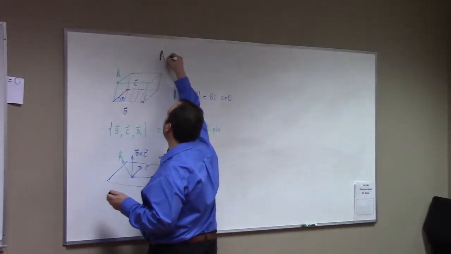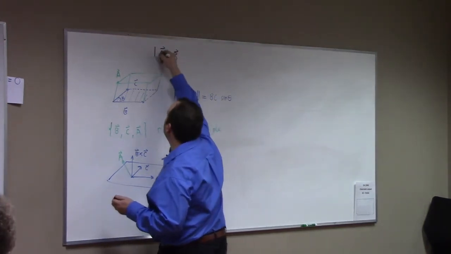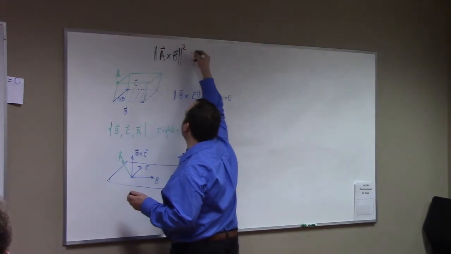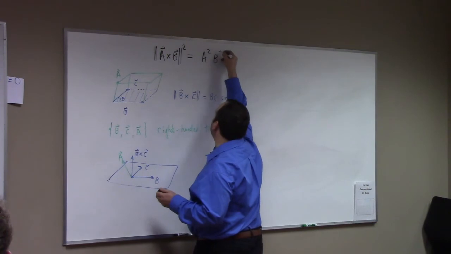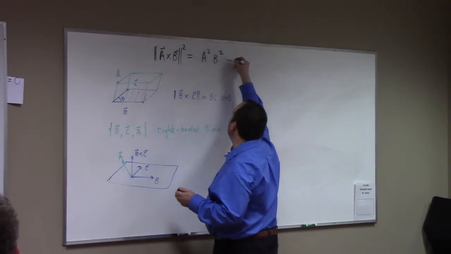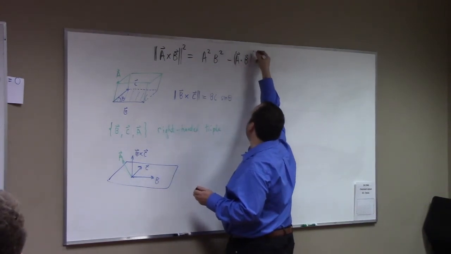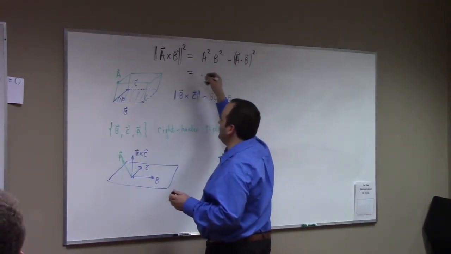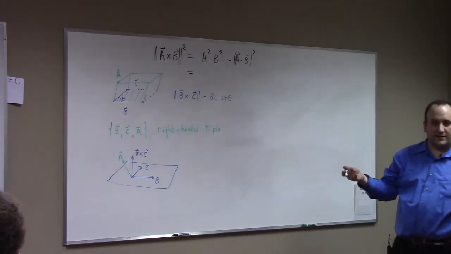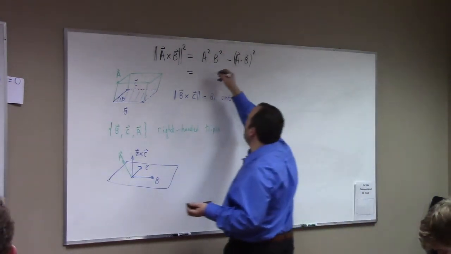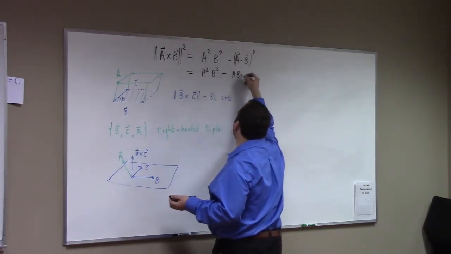But A cross B, let's look at this. A cross B squared is really A squared, B squared in our current notation, minus A dot B squared. We had another identity: I told you A dot B was AB cosine theta, right? So this is A squared, B squared minus AB cosine theta squared.